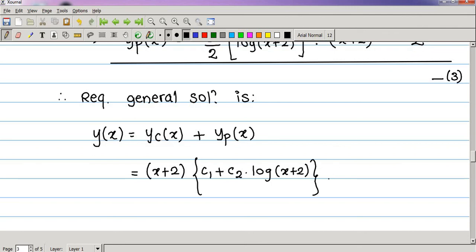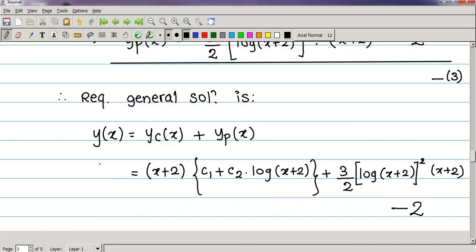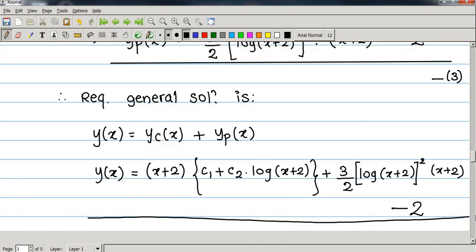This is our complementary function, and the particular integral is 3 by 2 times (log of (x plus 2)) bracket square into (x plus 2), minus 2. So this is the required general solution.